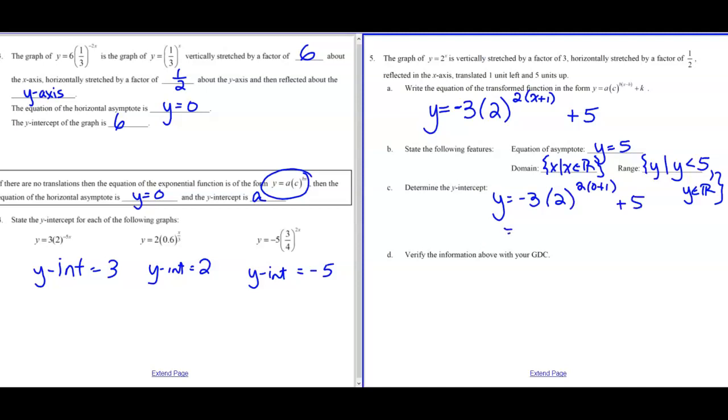And then you can do the rest in your head, right? So 0 plus 1 is 1, 2 times 1 is 2, 2 squared is 4, negative 3 times 4 is negative 12, plus 5 is negative 7. And then you can graph it on your own time and check for your y-intercept.